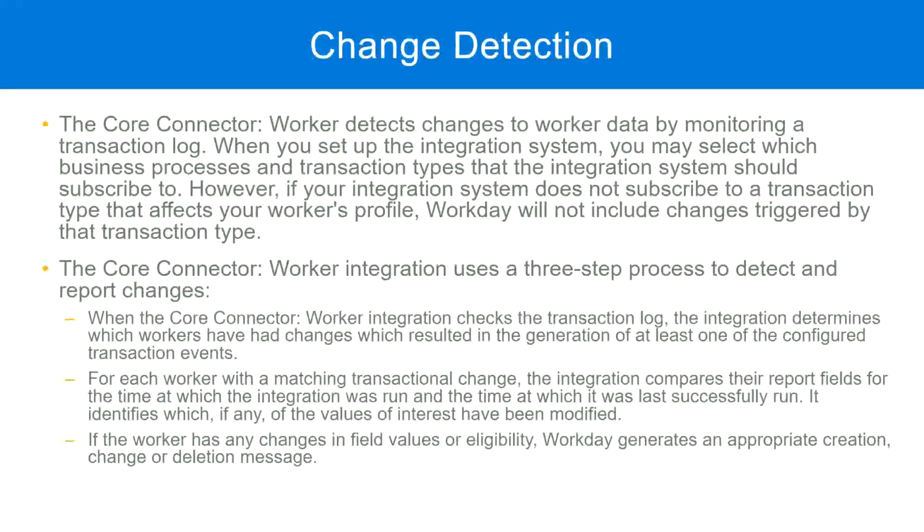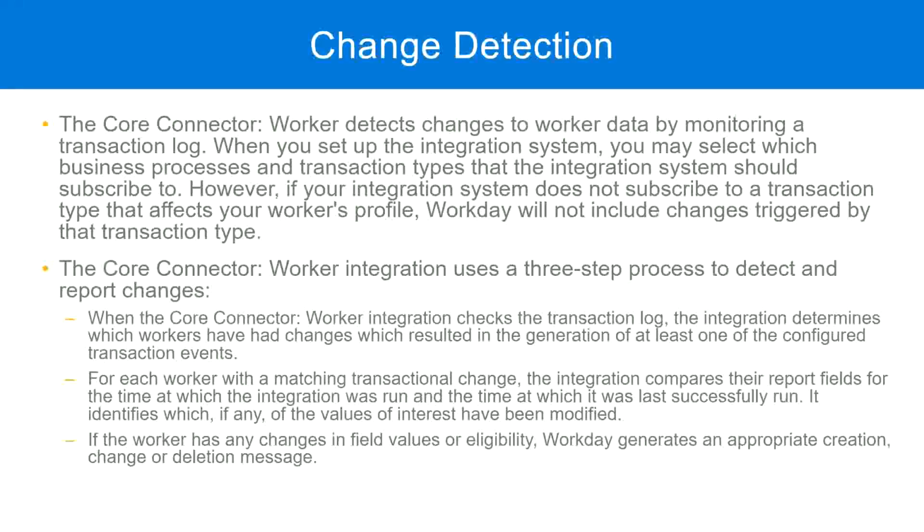The Core Connector worker integration uses a three-step process to detect and report changes. First, it looks at the transaction log and determines which workers have changes that it is monitoring. What kind of changes have happened to a worker?